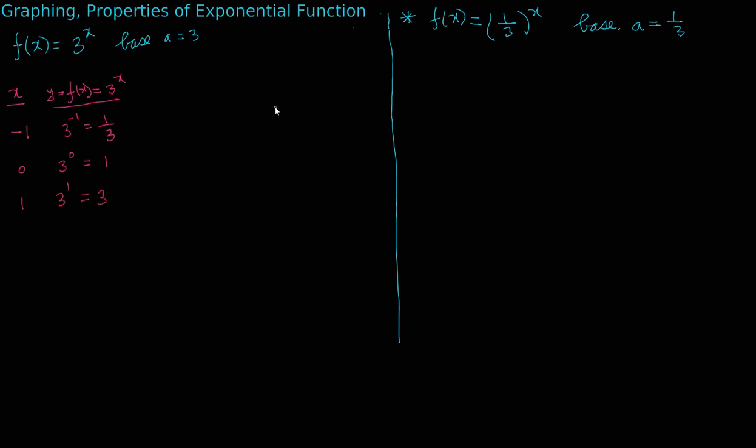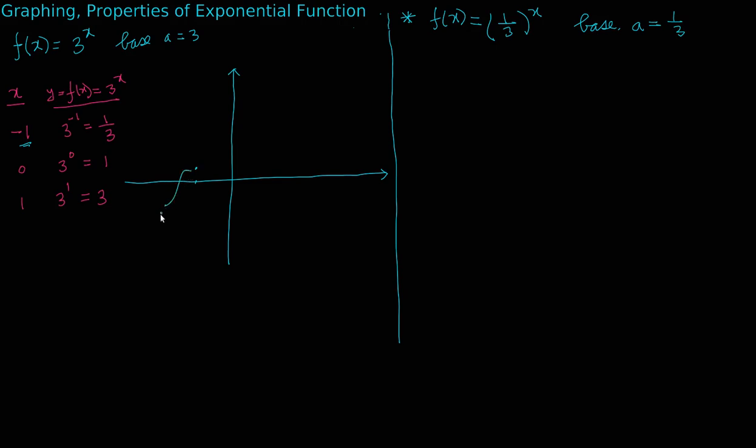Okay, so let us plot it. We have the x-axis and y-axis. The first point is (-1, 1/3). So -1 is somewhere here, and then 1/3 is somewhere here.